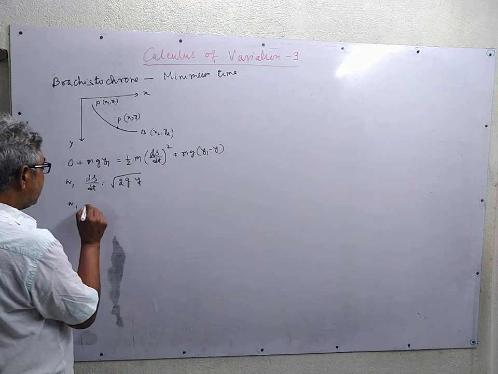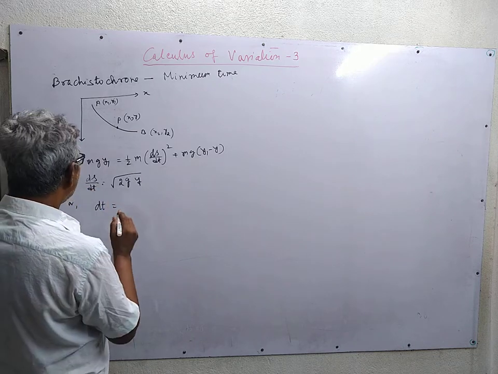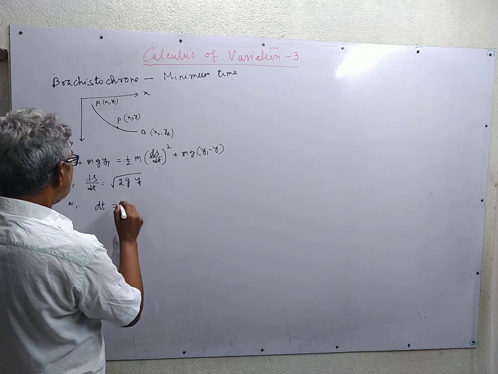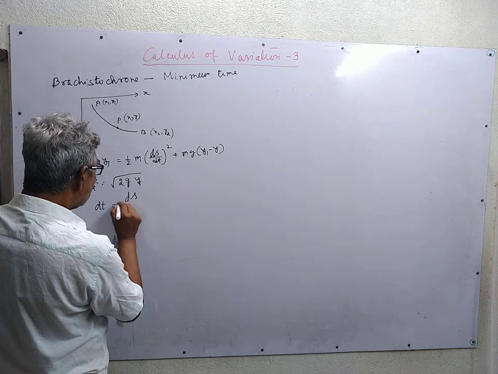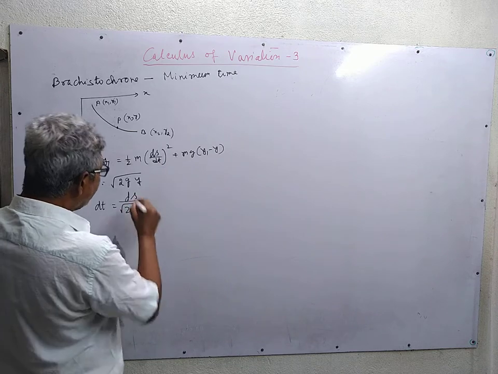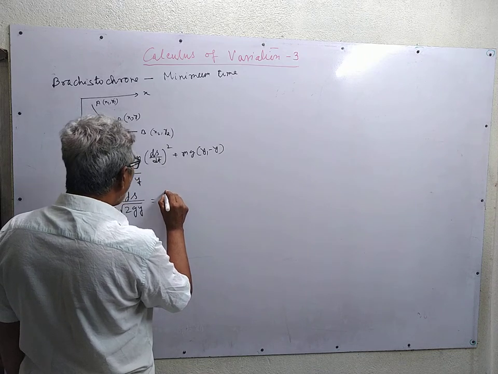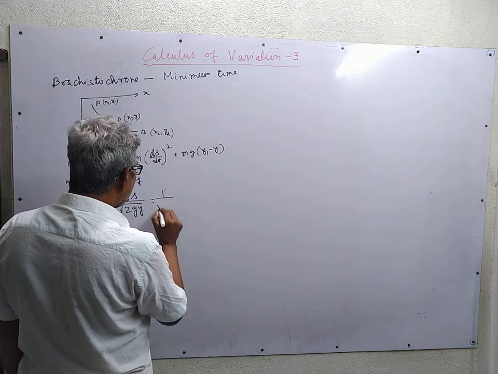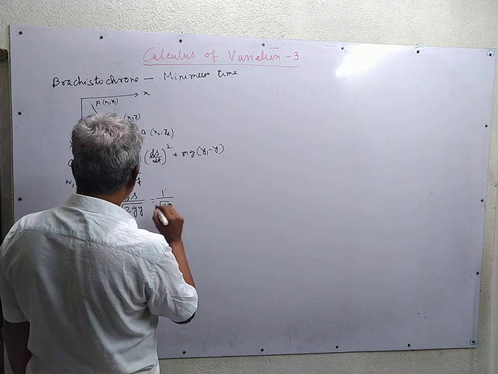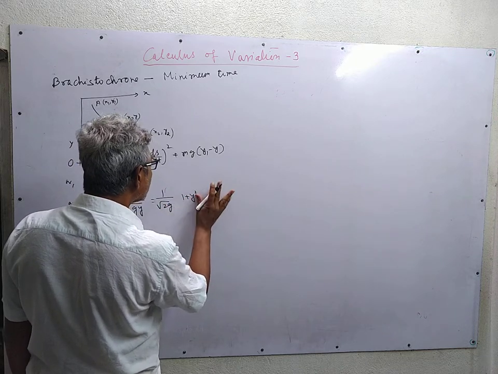If we write the form of ds, it is root of 1 plus y prime square.